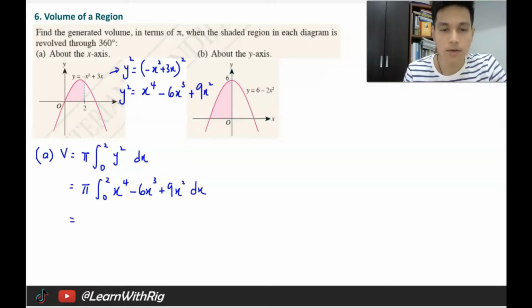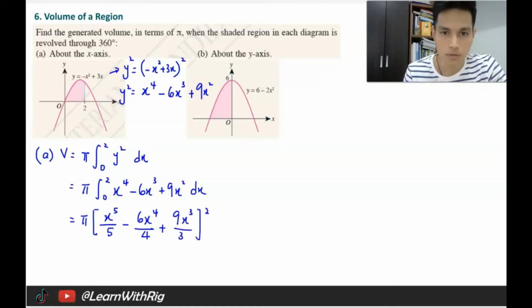Now you can integrate. When you integrate, you will get x to the power 5 over 5 minus 6x to the power 4 over 4 plus 9x to the power 3 over 3, then square bracket from 0 to 2. You can simplify this.